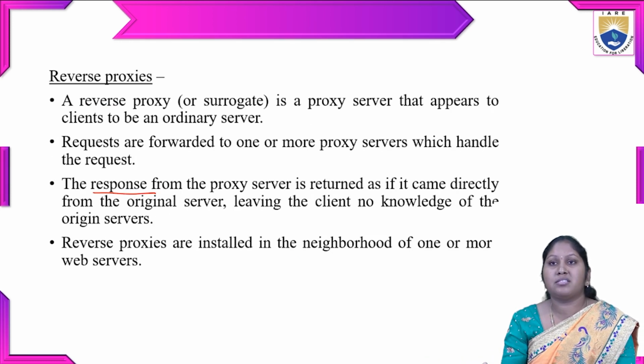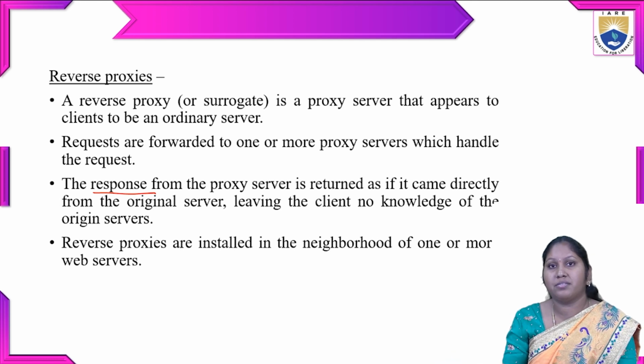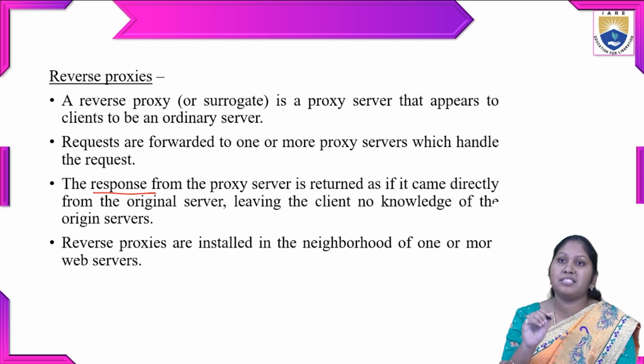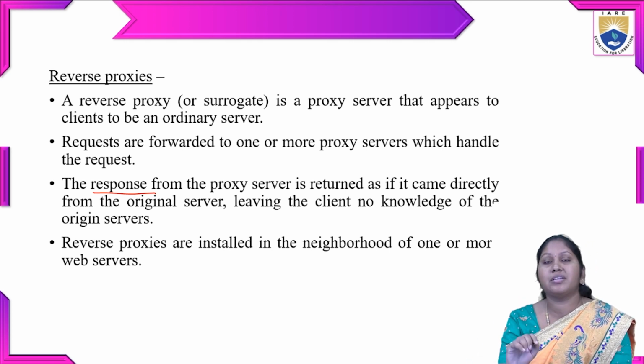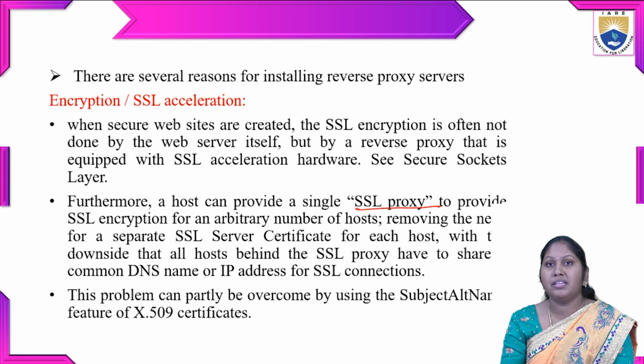Whereas the reverse proxy server is a server that appears to the clients as an ordinary server, but its requests are forwarded to one or more proxy servers which handle the request. So that single request will be sent to more proxy servers in reverse proxies. So this is the example for the reverse proxy server.